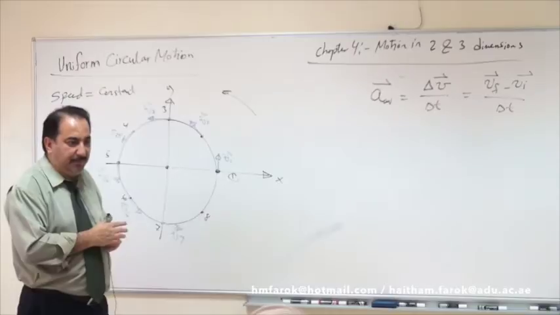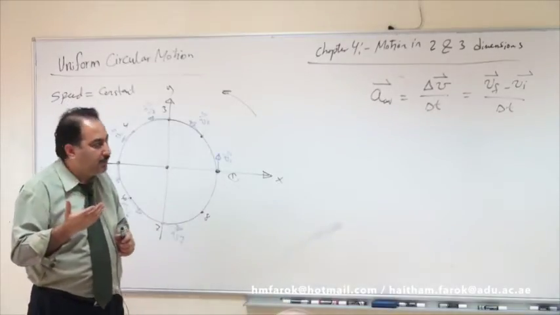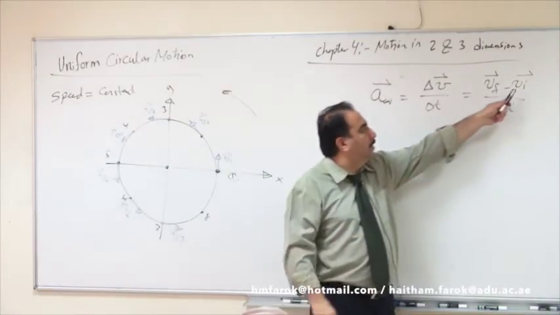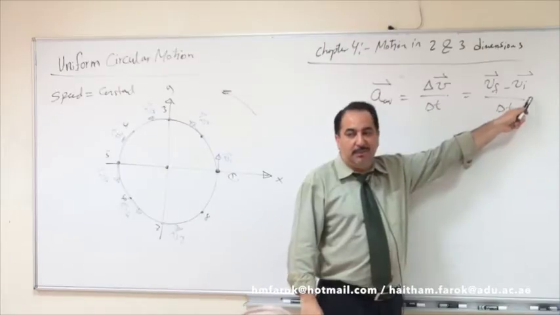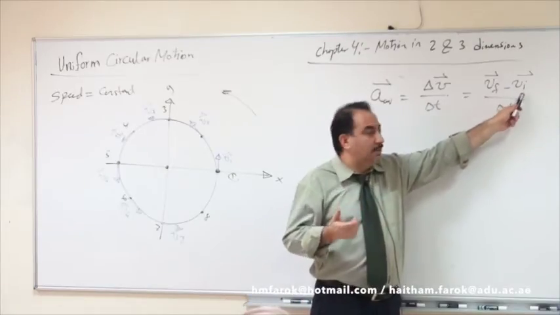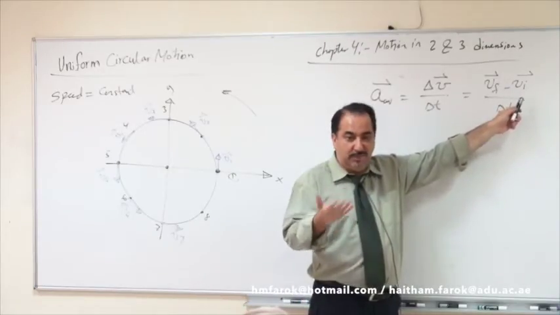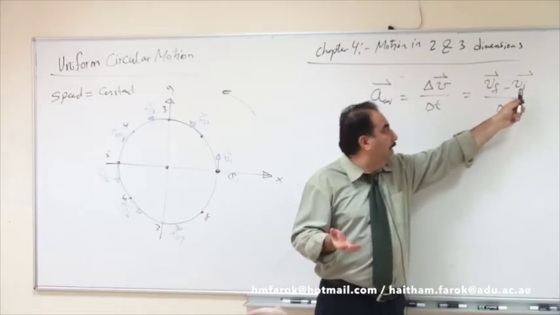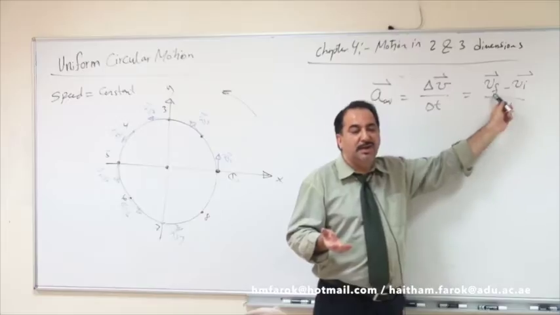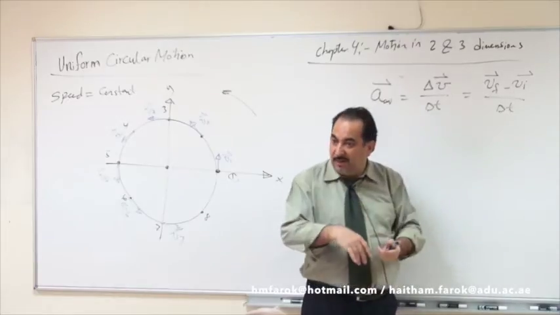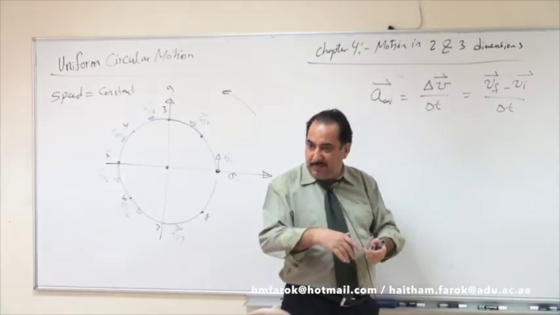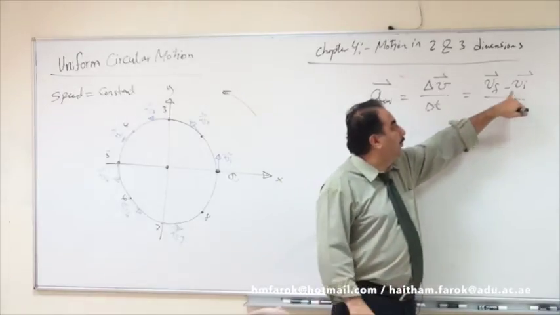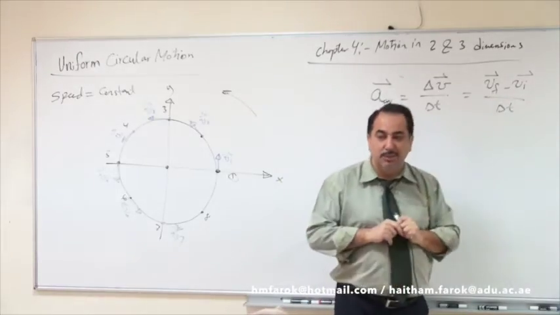Now let's discuss it. To generate acceleration, acceleration depends on what? V final and V initial, meaning speed or velocity. And it's a vector. So when you subtract those two vectors, what's the final answer? Another vector. So is it possible that these two vectors have the same magnitude?